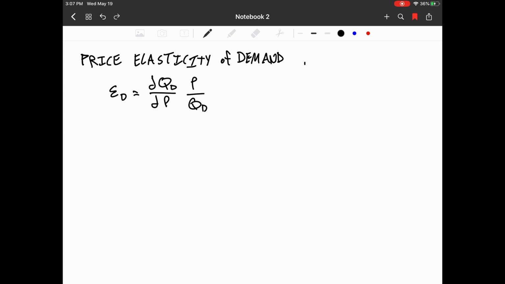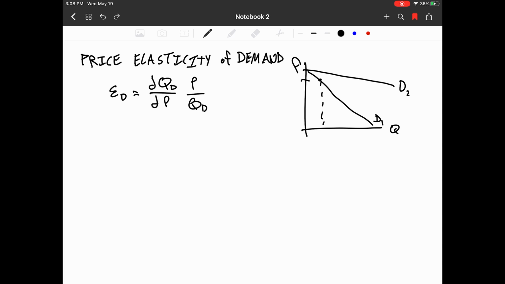You can see this like so. If we have a demand curve that's flatter than another, D1, D2, so D2 is flatter than D1, this basically means when we change prices, going from one price to the other, the flatter one is going to be more responsive.